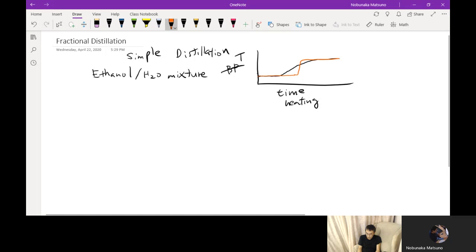All right, because whatever the temperature that reaches at 78 degrees for ethanol, and then it goes up and goes flat again at 100 degrees for water. Ideally, but it wasn't the case.